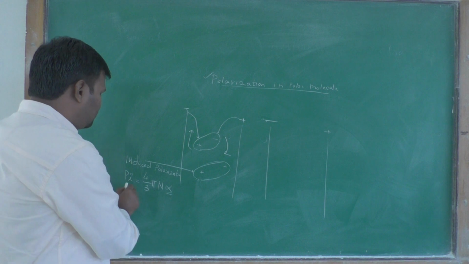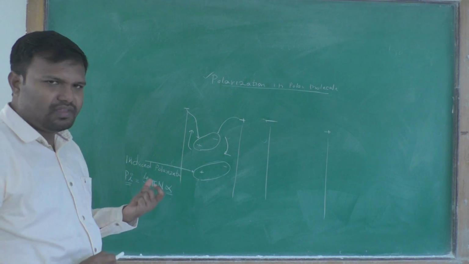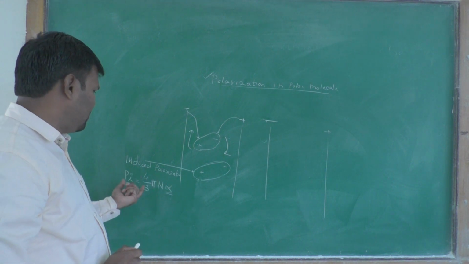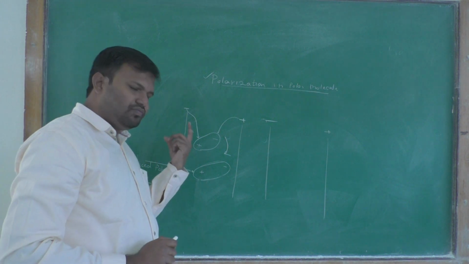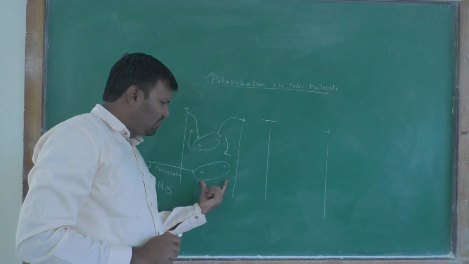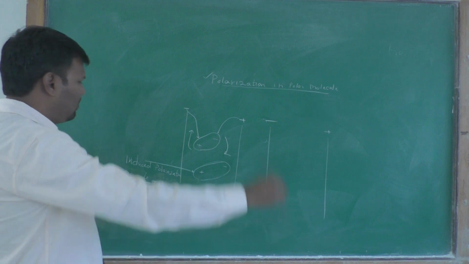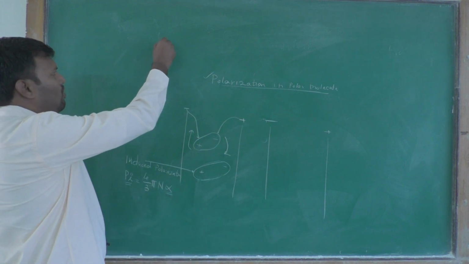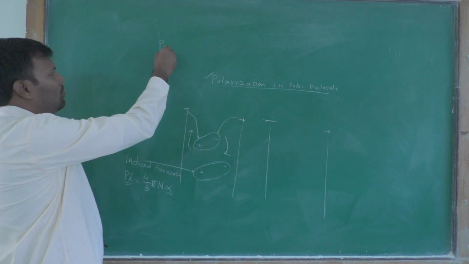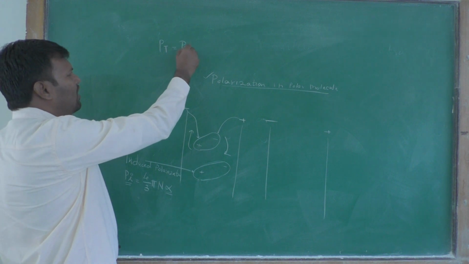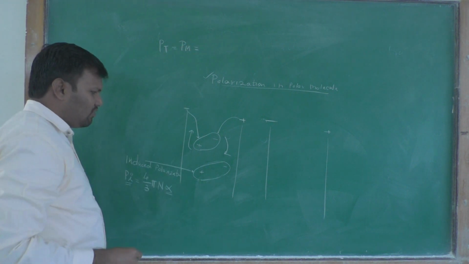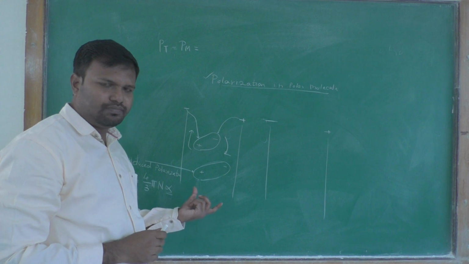Induced polarization is found in all molecules, including non-polar molecules. So the first effect is that induced polarization is produced in our molecule. Therefore we need to find the total molar polarization for these polar molecules.